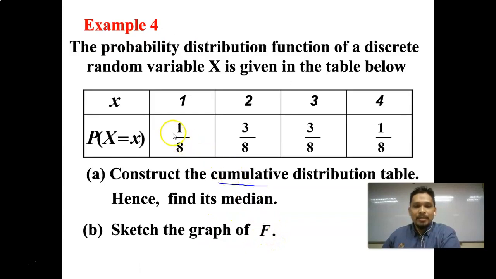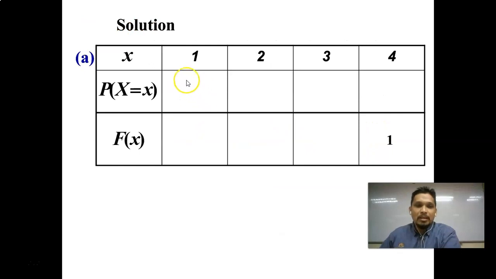Okay, so just now it is 1 over 8, 3, 3, and 1 over 8. We rewrite 1 over 8, 3 over 8, 3 over 8, and 1 over 8. Accumulate means the first probability here, which is 1 over 8. Then the probability of 1, 1 over 8, plus 3 over 8. So 1 plus 3 equal to 4 over 8.